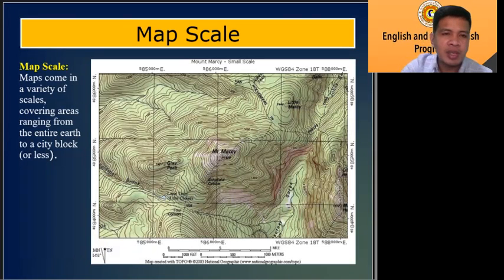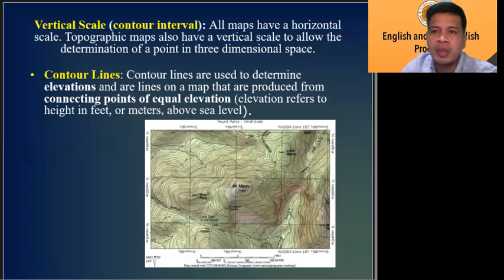All right, next one here is the map scale. Maps come in a variety of scales, covering areas ranging from the entire Earth to a city block or less. It is important that we know the scale, whether it is the entire Earth or the country, in order for you to read specific topographic maps.